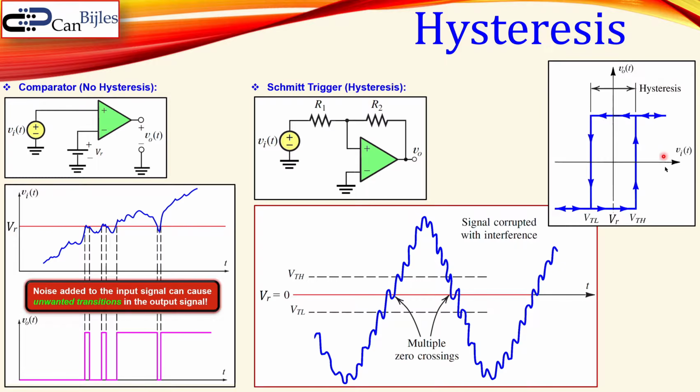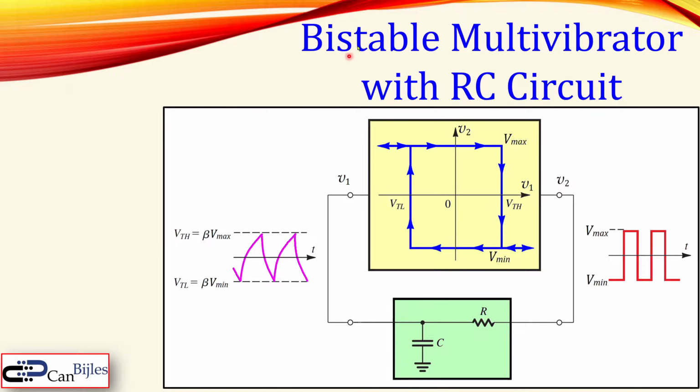And this is now the hysteresis and the characteristic between the input voltage and the output voltage. You see that when the high threshold voltage is approached, the output goes to the higher state, and when the low threshold is approached, it goes down. Okay, let's go now to the bistable multivibrator circuit, where we have an RC element in it.